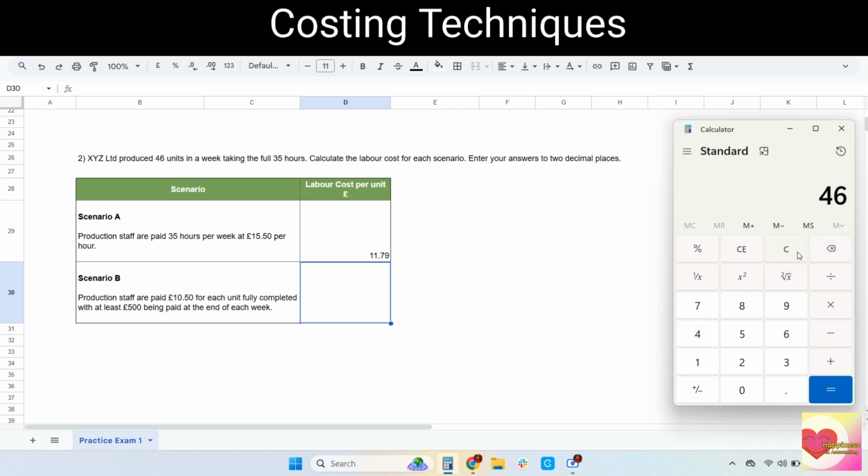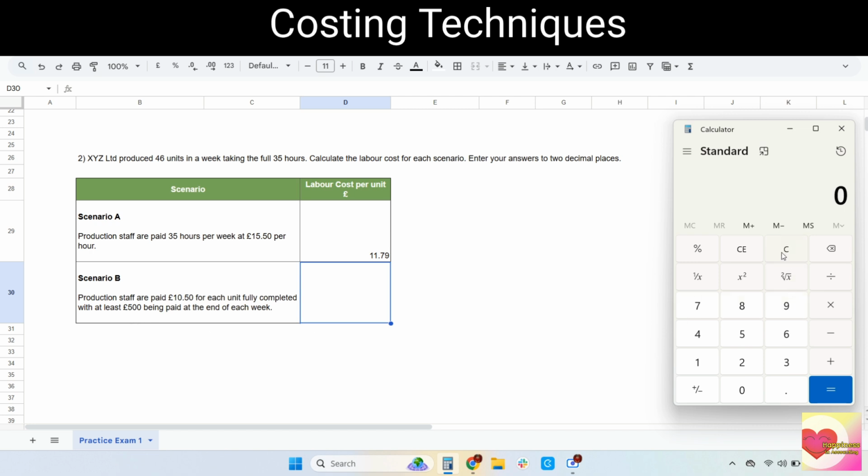Let's multiply 46 units by the rate per unit, which is £10.50, and we got £483. But remember, production staff are paid at least £500 per week, meaning if they earn less than £500, they will still be paid £500 because that is the minimum pay per week.